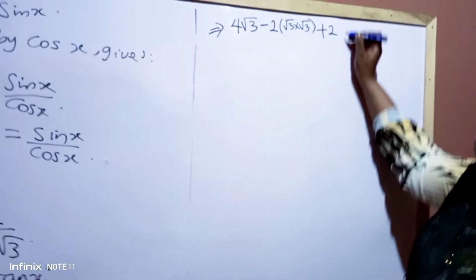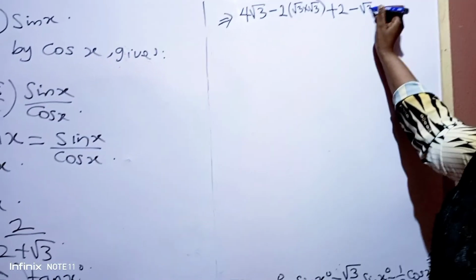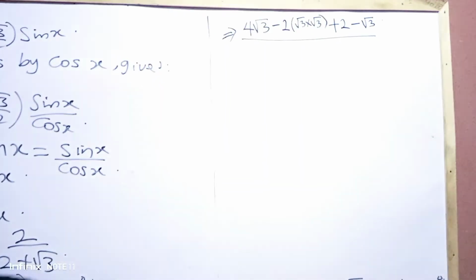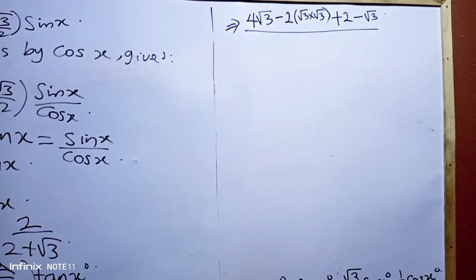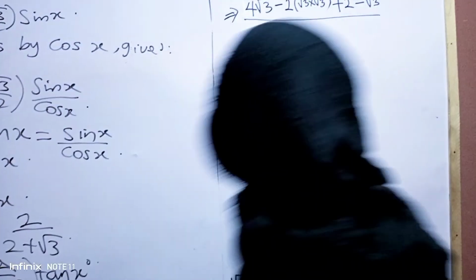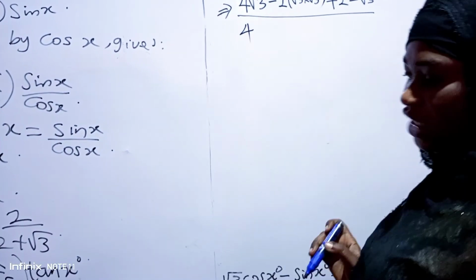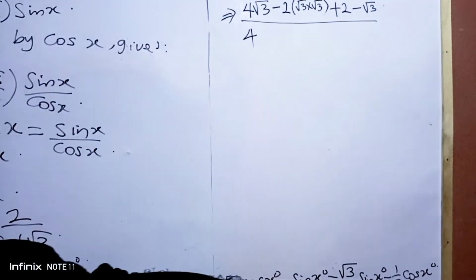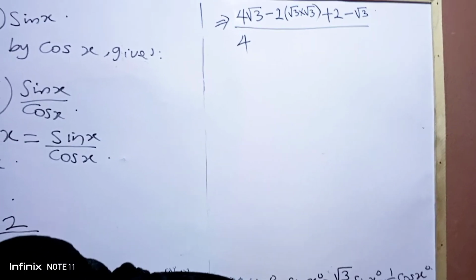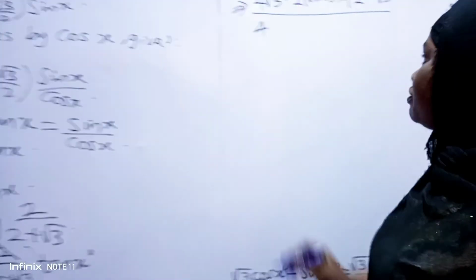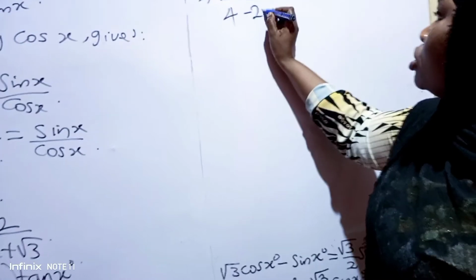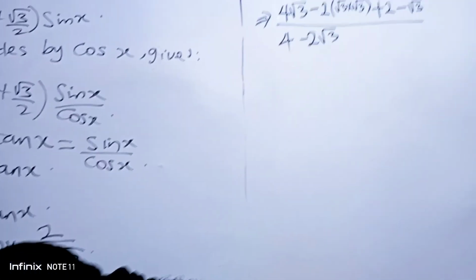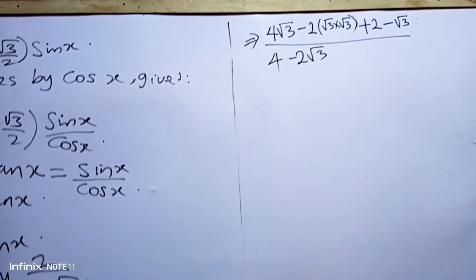Also, this plus 1, I'm going to use it to multiply minus √3. So I have minus √3 over 2. Then the denominator, 2 multiplied by 2 gives me 4. Now this same 2, I'm going to use it to multiply minus √3. So it gives me minus 2√3. Now the next thing is that I'm going to use √3 to multiply 2.